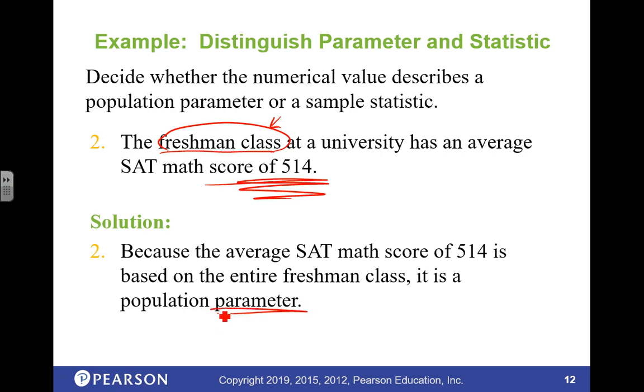So this would be a parameter if we're considering the population to be the freshman class. Now, if you consider the population to be everyone in the school, then the freshman class is just a subset of that, so this would be a statistic. But if we're only studying the freshman SAT scores, and we have collected the SAT scores of every freshman, then the freshman class is our population, so any calculation done on that would be a parameter.